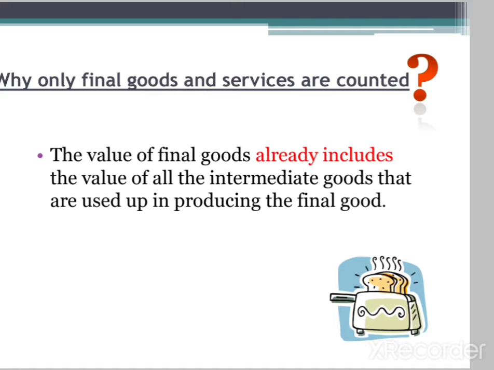So to count the value of flour, wheat separately would therefore not be correct, because then we would count the value of the same thing a number of times. It would just be a repetition of counting the same thing again and again. First we count it as wheat, then as flour, and finally as biscuits. Therefore, only the final good needs to be counted.